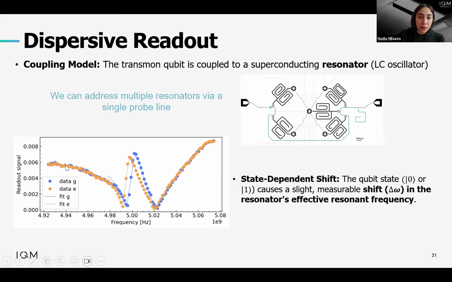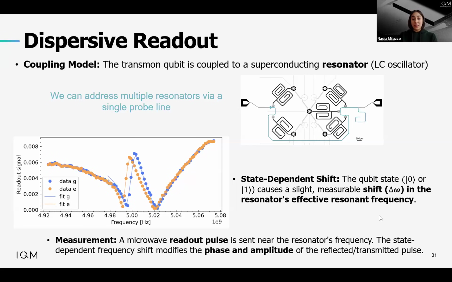So basically here, the orange points correspond to the 1 state, while the blue points correspond to the 0 state. And thanks to this shift, we can know whether our qubit was in state 0 or 1. So this is the quantity. It's this shift delta omega that we measure.